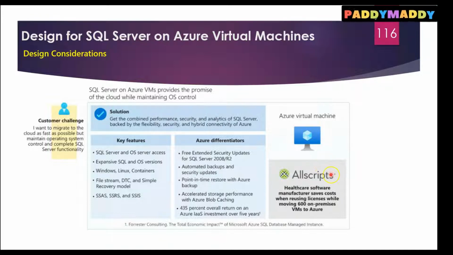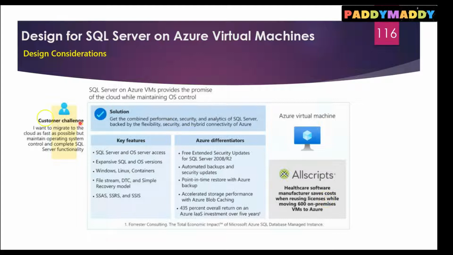Dozens of their applications were completely migrated, close to 1,000 plus VMs moved to the Azure cloud, using Azure Site Recovery services in the backend to migrate them from on-premises, and a lot of SQL servers were also migrated.